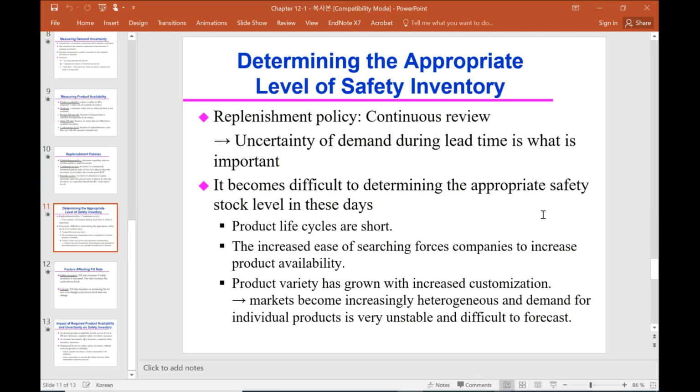So these days, you can easily understand that it is so much more difficult to determine the proper amount of safety stock. Why?